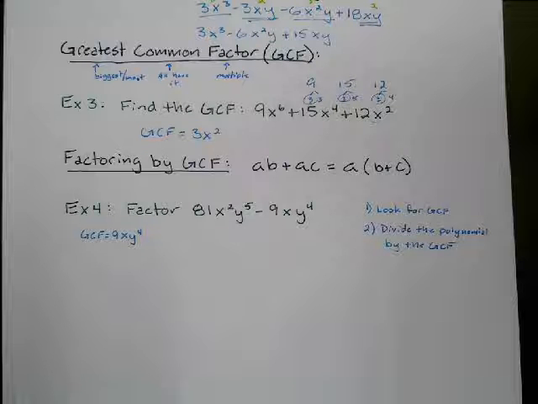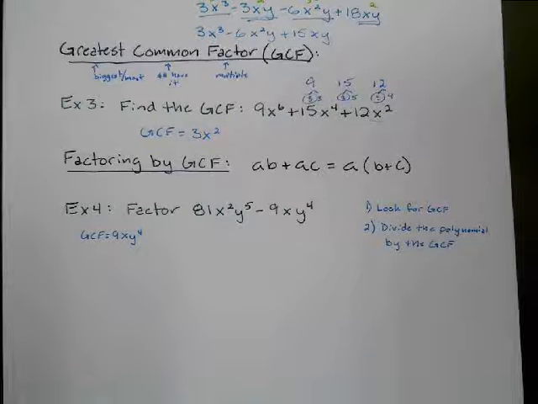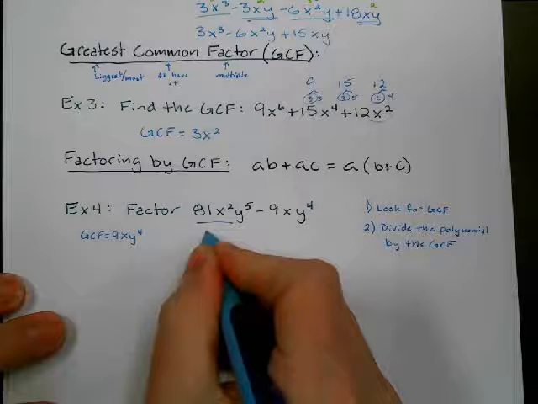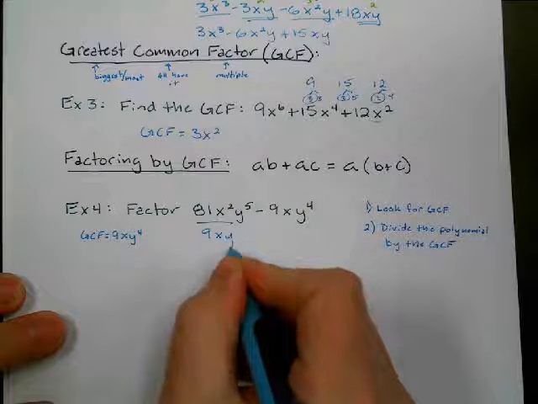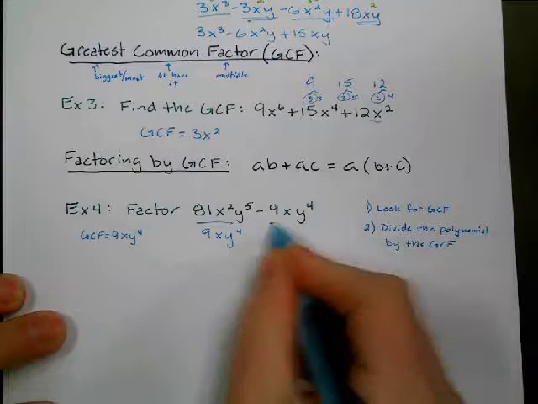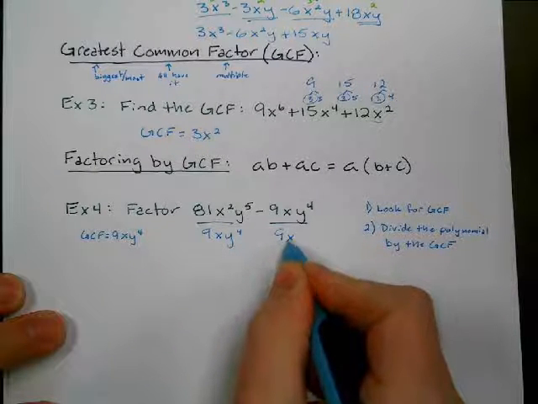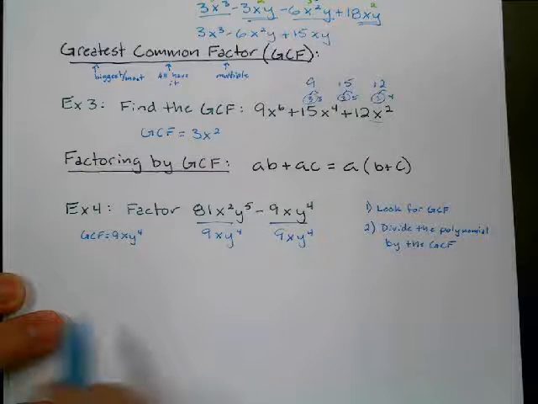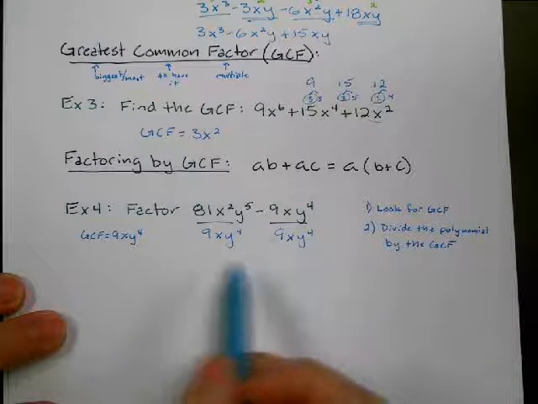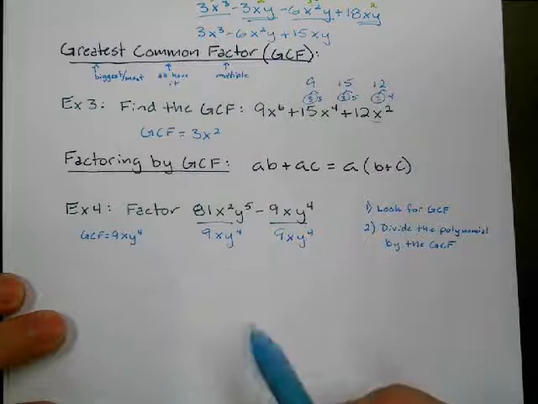Now, the distributive property is multiplication, so if I want to undo multiplication, I should be dividing. So I'm going to divide this one by 9xy to the 4th, and I'm going to divide this one by 9xy to the 4th. I'm going to divide both of these because I'm undoing the multiplication that happened earlier.